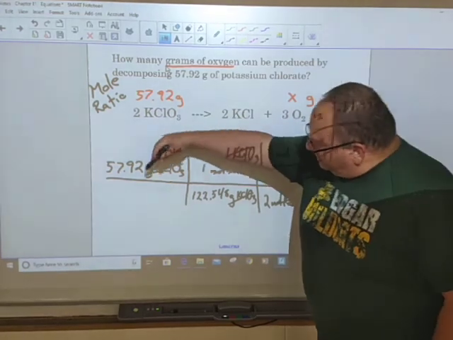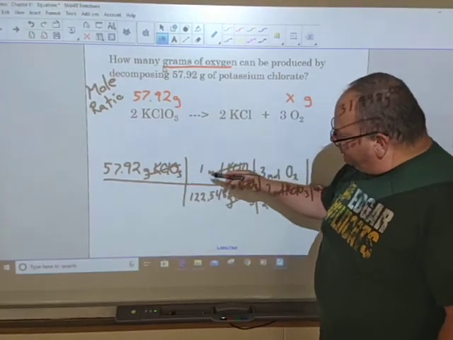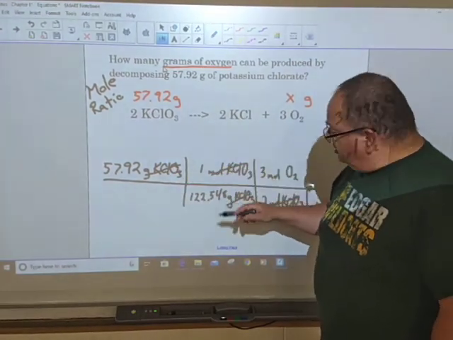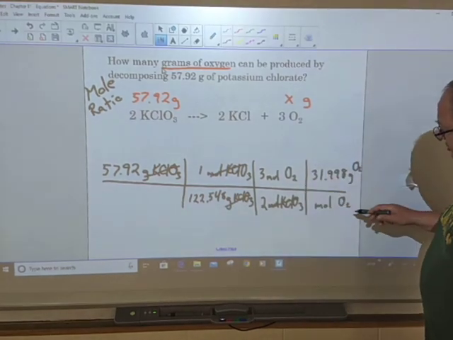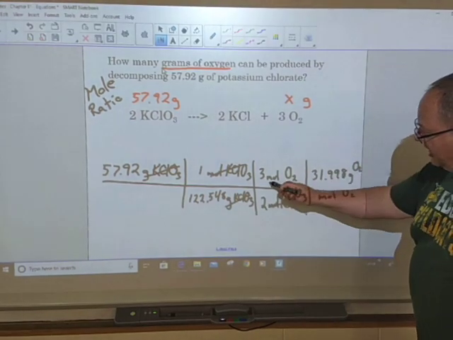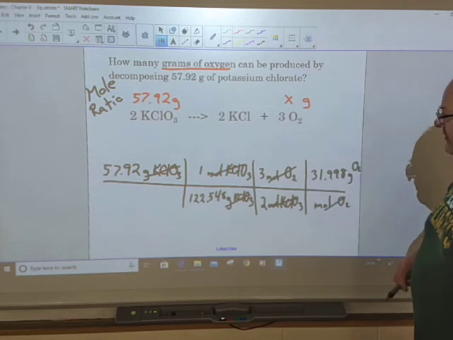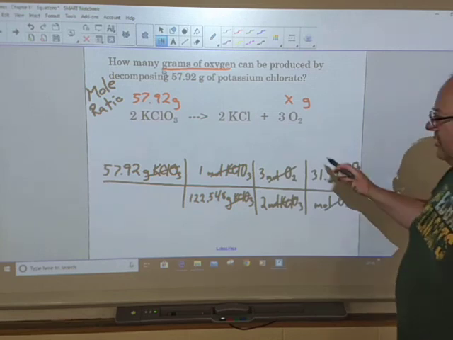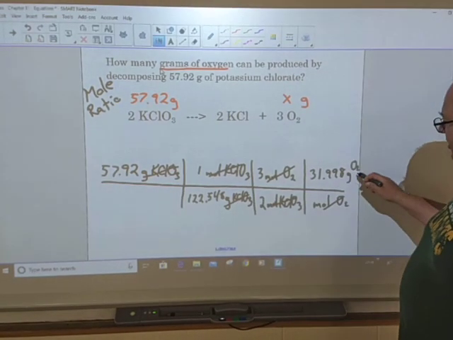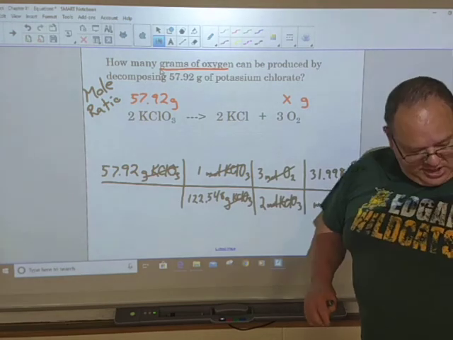Yeah, you look at this first part here. To get from grams to moles, I had to divide by the molar mass. To get from moles to grams, I had to multiply by the molar mass, because now these cross off. So if you look at my labels, everything crossed off but grams of oxygen. So all I got to do is my math.